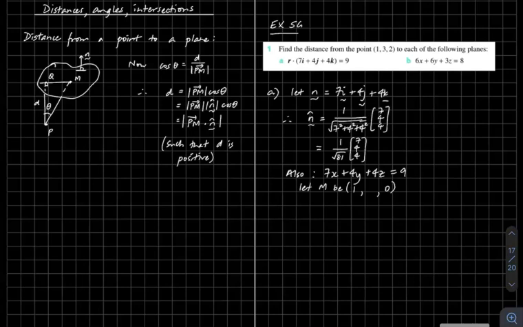So 7 times 1 is 7, 4 times 0 is 0, so this needs to be 2, doesn't it? Such that 7 plus 2 equals 9, so that would mean that Y would need to be a half. Now if that was a bit quick, just pause it and check for yourself that that point does satisfy. And it doesn't matter what this point is, as long as it satisfies the equation, it is suitable as a point M.